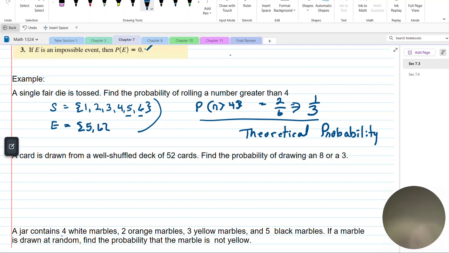A card is drawn from a well-shuffled deck of 52. So the cardinality of our sample space is 52. Find the probability of drawing an 8 or a 3. So this is or. Above we said if it's or, then we add the probabilities.